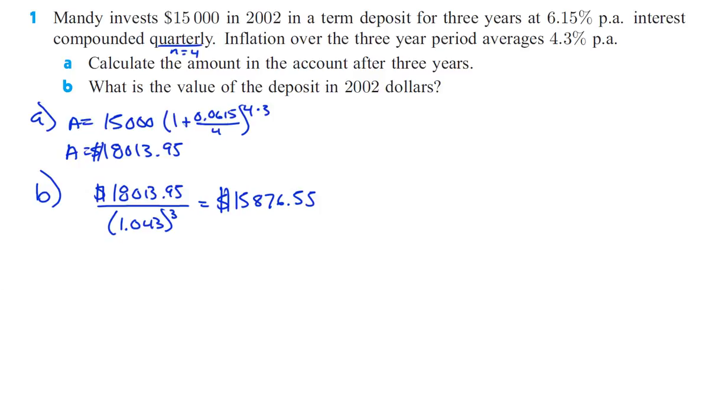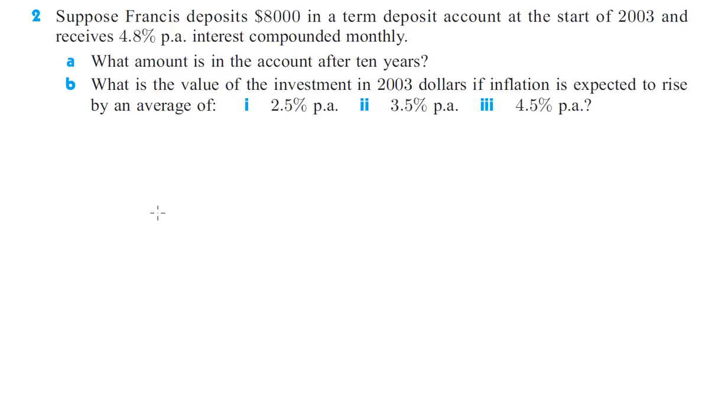Okay. All right. Let's take a look at the next one here. Suppose Francis deposits $8,000 in a term deposit account at the start of 2003 and receives 4.8% per annum interest compounded monthly. What amount is in the account after 10 years? Okay, so let's figure that out.